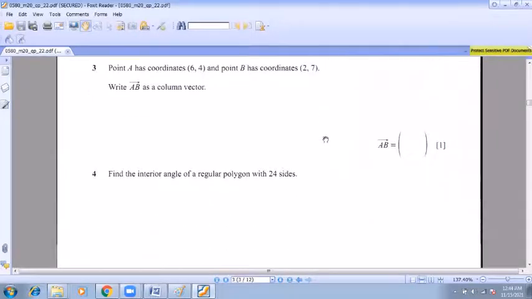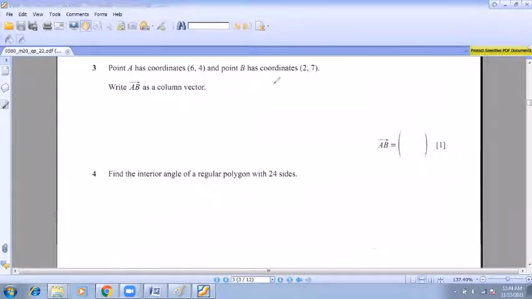Question number 3. This is from vector. They mention what? Point A has coordinate 6, 4, and the point B has coordinate 2, 7, and write AB as a column vector. So it is easy to write a column vector, but basically a vector shows direction as well as magnitude.